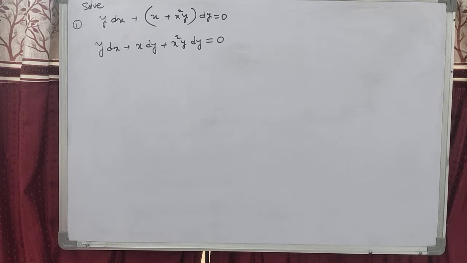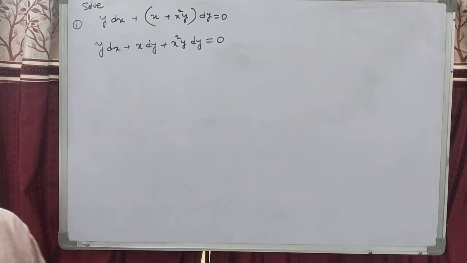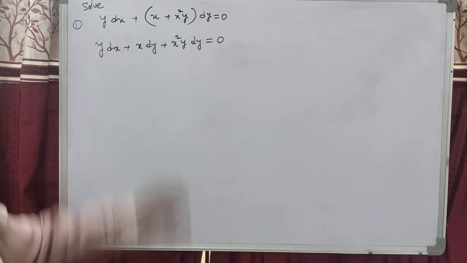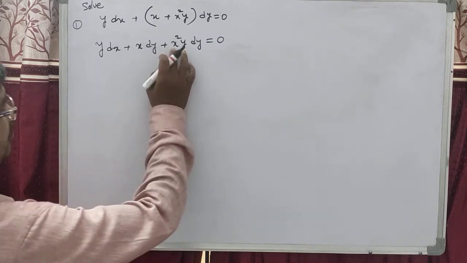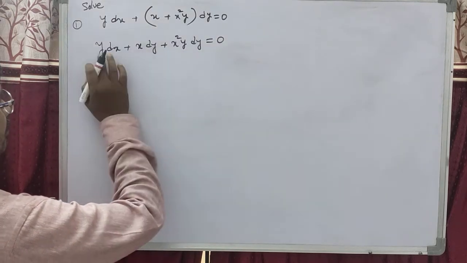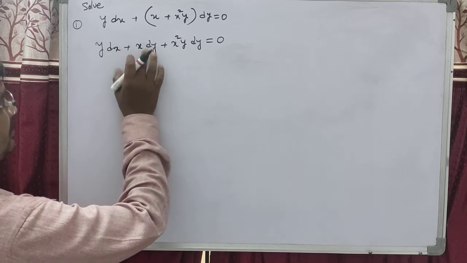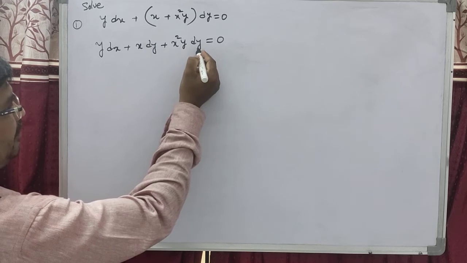So dear students, we can observe here y dx plus x dy is the derivative of xy. Everybody knows that. But is there an x square y? So how to write this one? Here there is y dy.